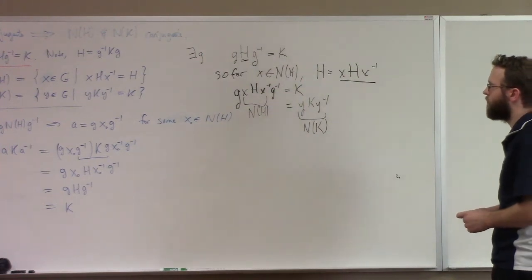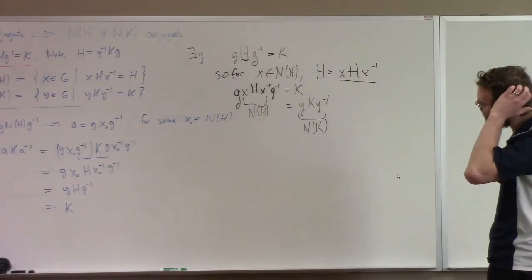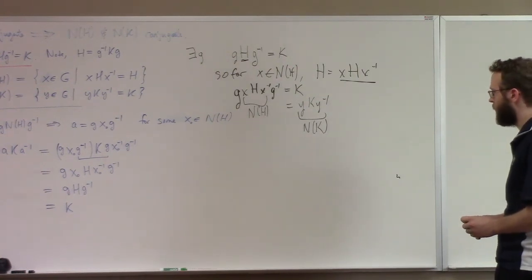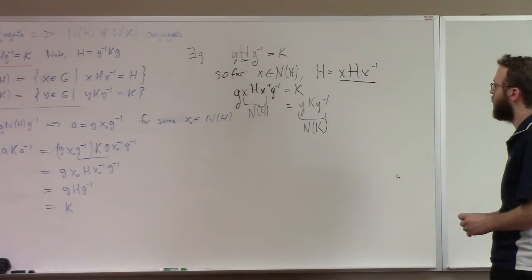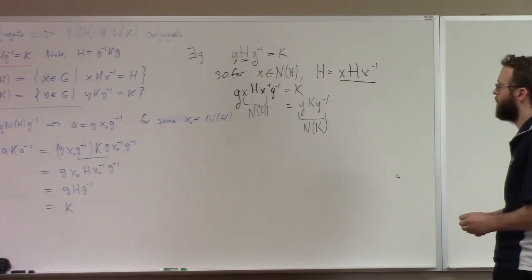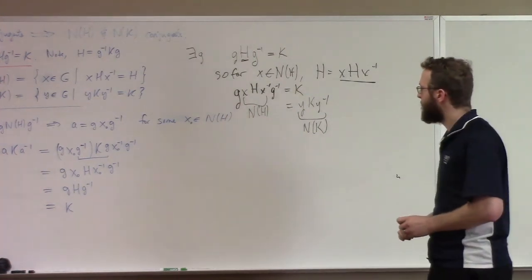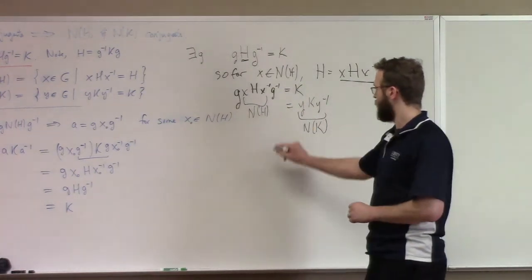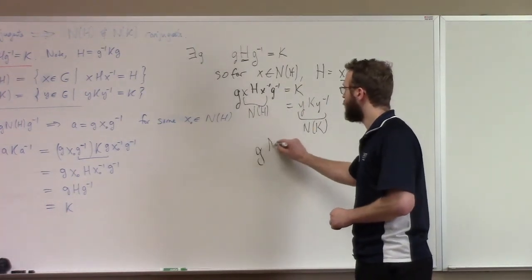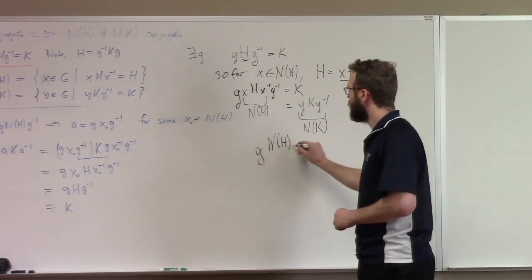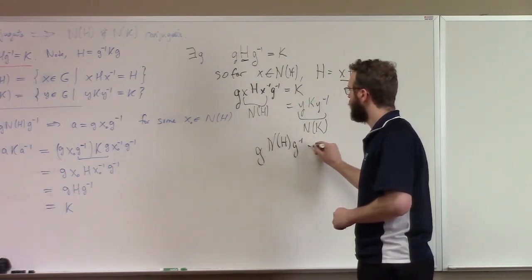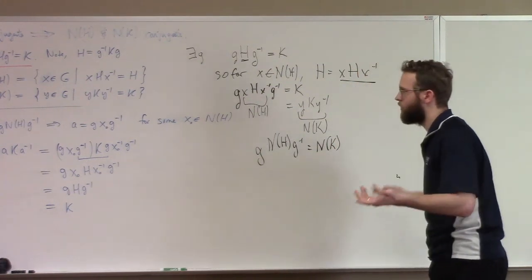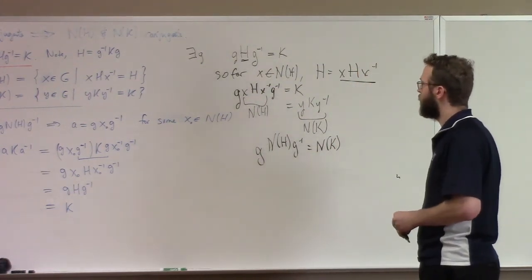So your point is h is actually equal to x h x inverse for any x in the normalizer of h, right. And you're trying to prove that, because our final result is the normalizer of h, g inverse is the normalizer of k. I mean, that's what you need to show, for sure.